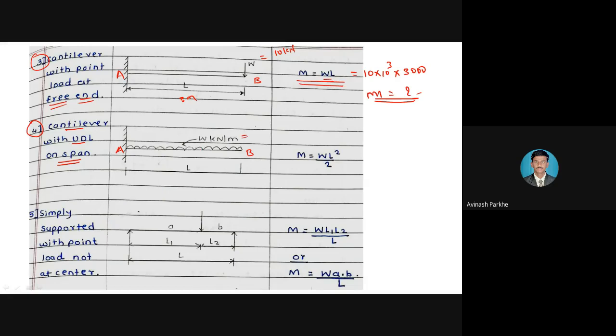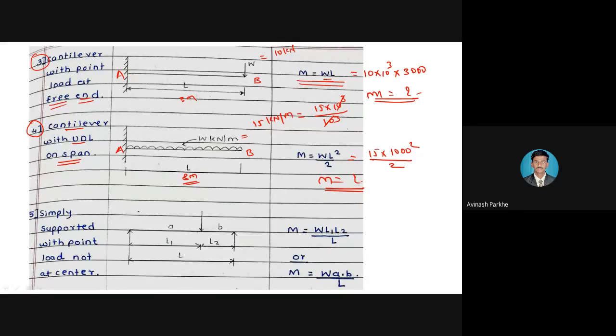For example, here W is given 15 kilonewton per meter. म्हणजे काय होणार, 15 into 10⁻³ kilonewtonचं न्यूटन झालं पर मीटर. अगेन 10⁻³ 10⁻³ कॅन्सल झालं. लेंथ फॉर एक्झाम्पल तुम्हाला 8 मीटर दिली असेल तर W म्हणजे काय झाला, न्यूटन पर एम एम मध्ये 15. लेंथ काय आहे तुमची 8000 square divided by 2. You will get M. So again, for the case number 4, cantilever beam subjected to the UDL on entire span having formula capital M is equal to WL square divided by 2.